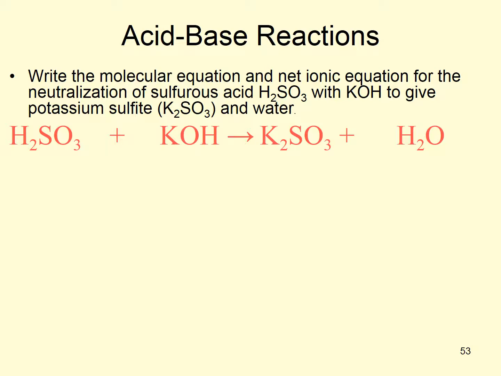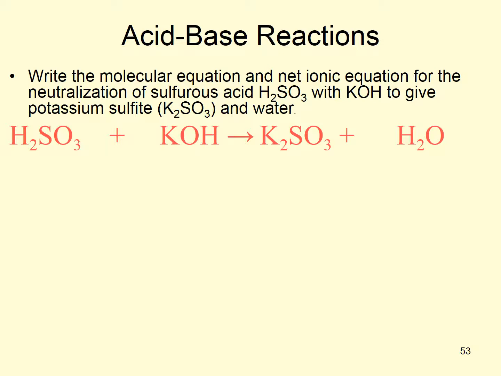Write the molecular equation and the net ionic equation for the neutralization of sulfurous acid, H2SO3, with KOH, and it will produce potassium sulfite, K2SO3, and water. So here you can see the reaction, H2SO3, sulfurous acid, and KOH. Although I've given you the product, you kind of have to swap the K and the H2.